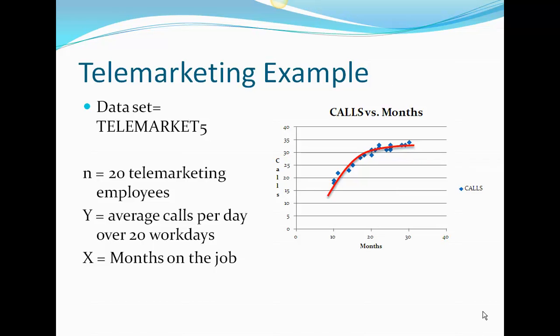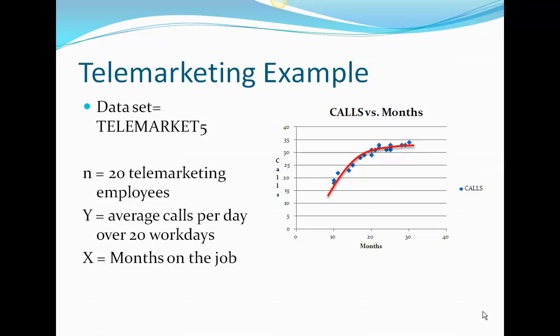So the first thing we're going to do is go through and actually plot this. We're doing this example, Telemarks 5 is the data set. We have information on 20 telemarketing employees, the average number of calls per day they've made over the last 20 work days, and the number of months they've been on the job.